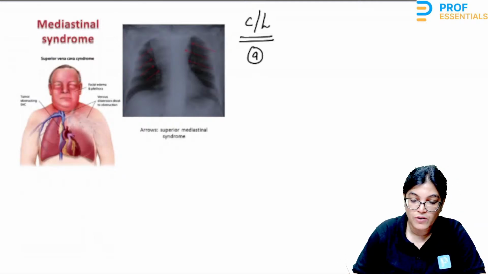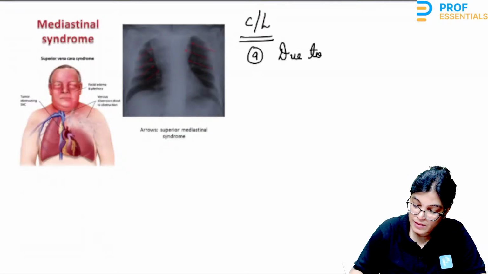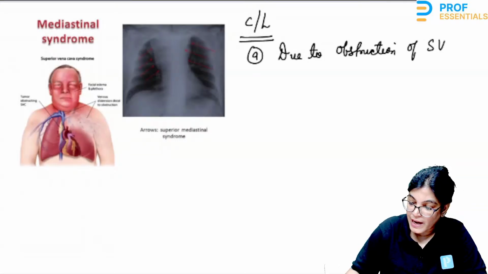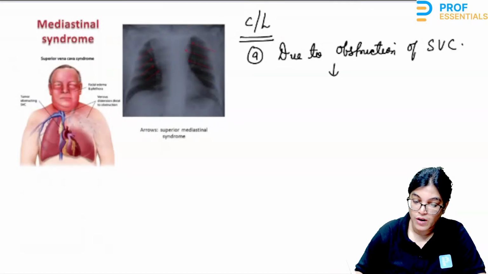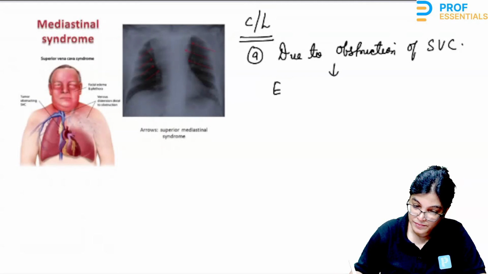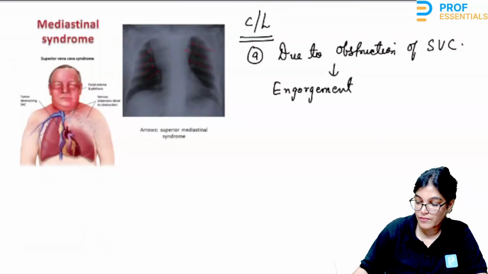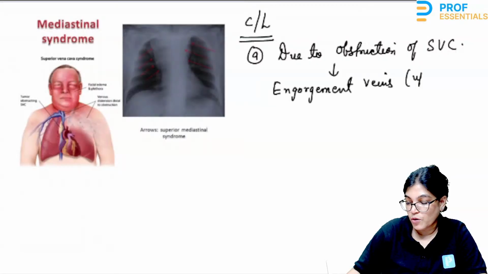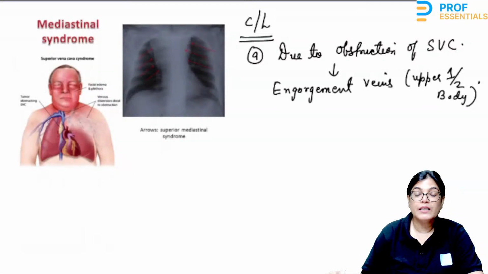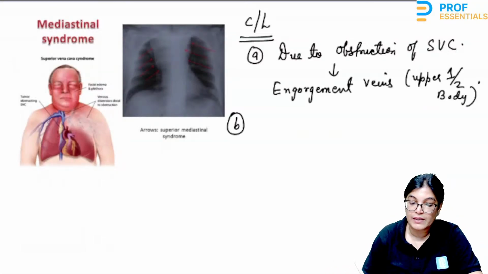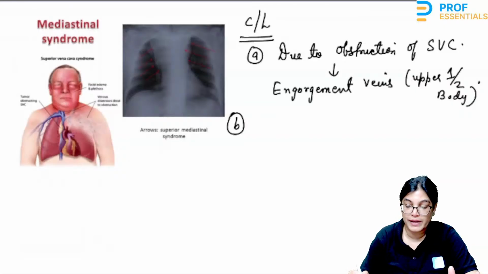Due to obstruction of the superior vena cava, from enlargement of lymph nodes or carcinomas, there can be engorgement of veins, mainly in the upper half of the body and neck region.